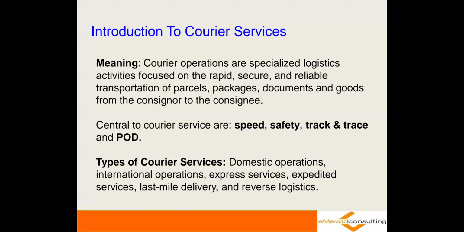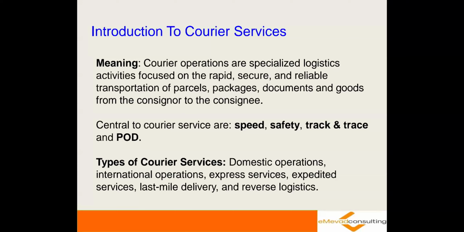So either call the fellow consignee or receiver, while the sender or the shipper can also be referred to as the consignor. And we have always been mentioning that central to courier service are speed, safety, track and trace, and POD. If you remove these 4 from courier services, then you no longer have courier service because you must be able to guarantee speed. Also, safety: you must be able to guarantee that the package you received is delivered in the same condition in which it was received.